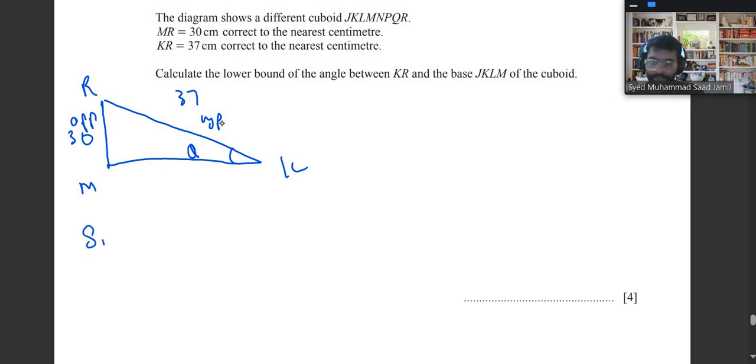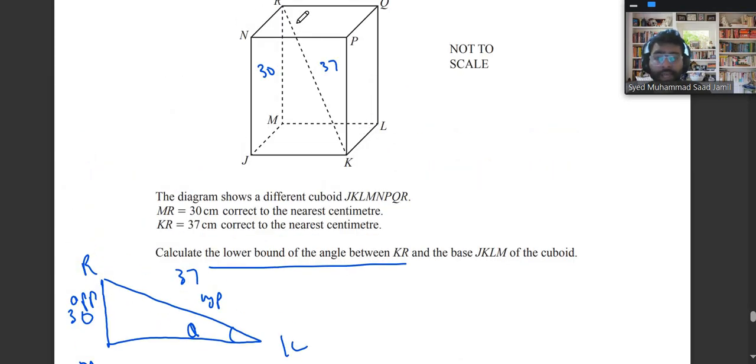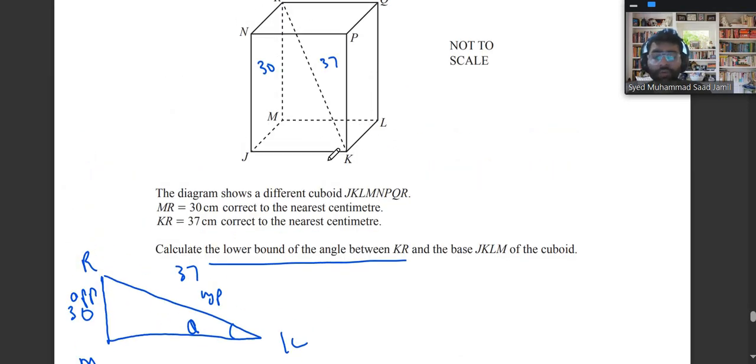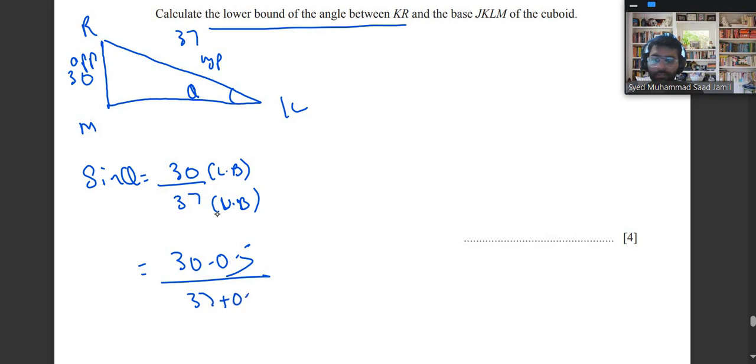So sine theta equals opposite 30 upon hypotenuse, which is 37. Now it says find the lower bound of the angle between K and R. If you want the lower bound, you will find the lower bound of the numerator and the upper bound of the denominator. So this will become 30 minus 0.5 upon 37 plus 0.5.